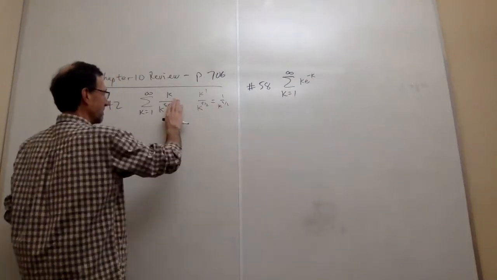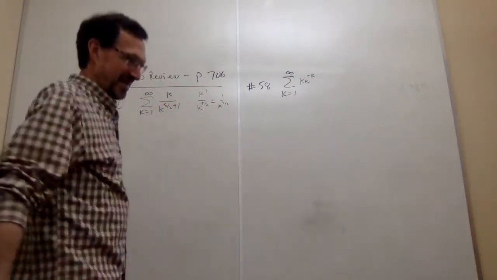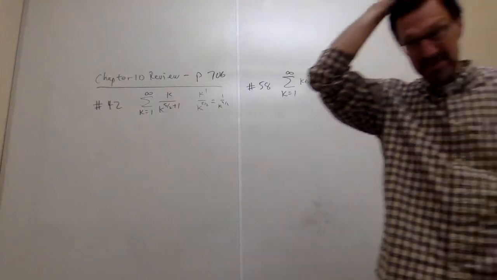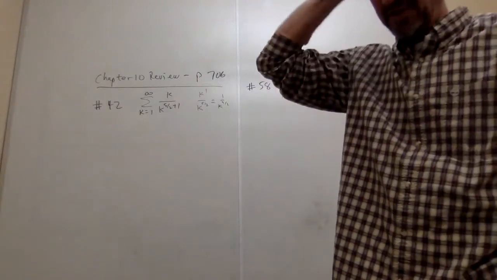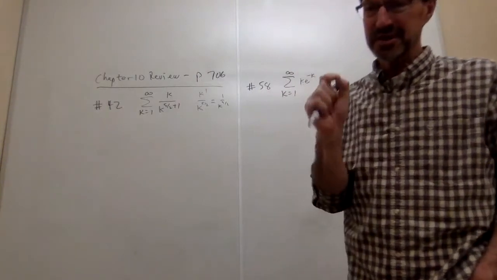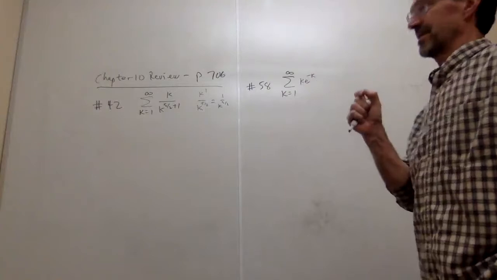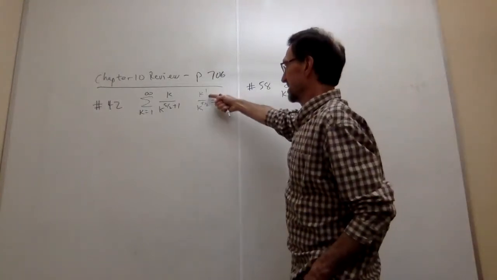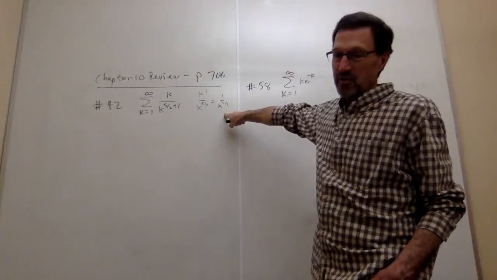So if we cover up the plus 1, we can't ignore it, but we do know that it becomes insignificant as k goes to infinity. So when you look at that, you should see the basics of a p-series. And by subtracting these, we find the value of p.